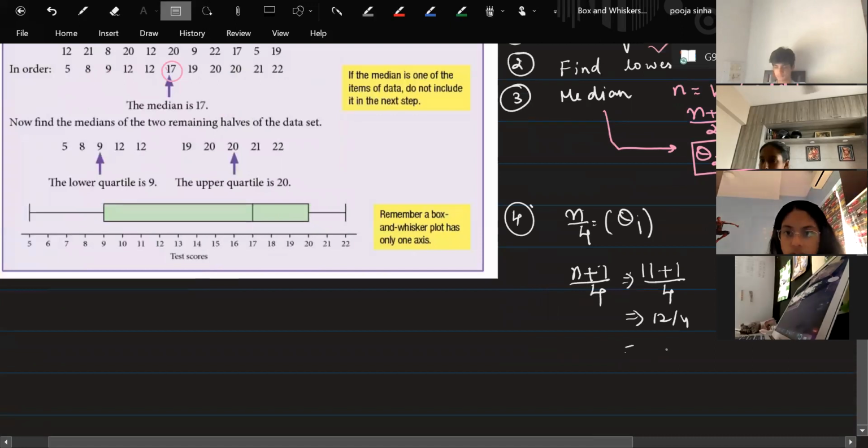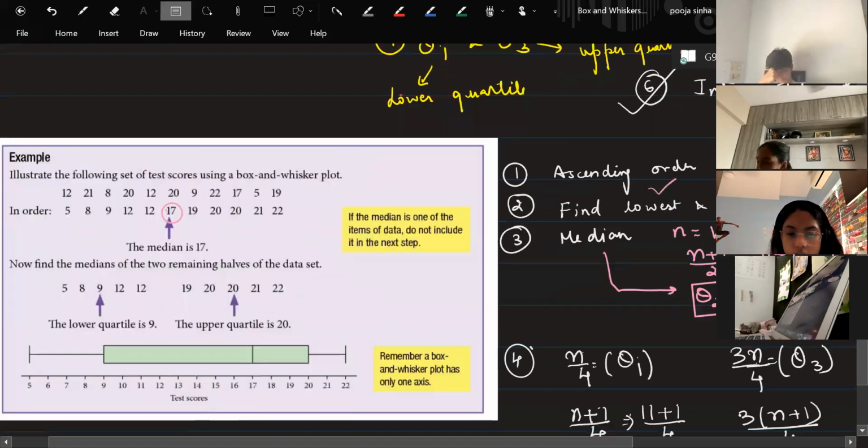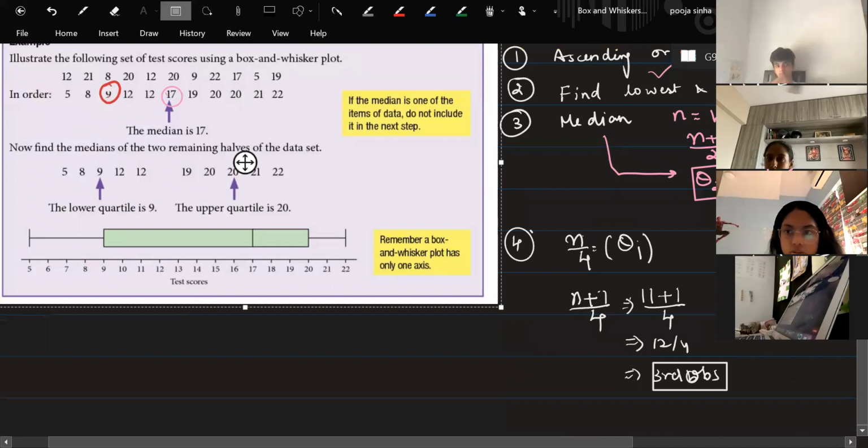Can I say it's the third observation? Let's figure out where the third observation is. 1, 2, 3. 9 is the third observation, right? Yes, so I write 9 for this.